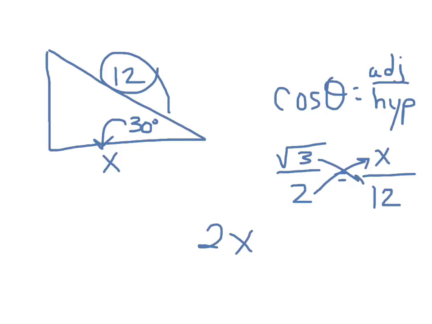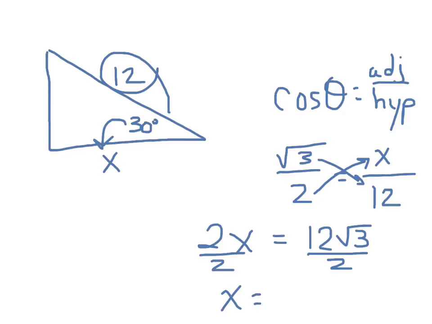And when I multiply these two together, one's inside the house and one's outside the house. 12 root 3. Good. Now keep going. Divide by 2. And when you divide that, it's only outside numbers. 6 root 3. And you just found x.